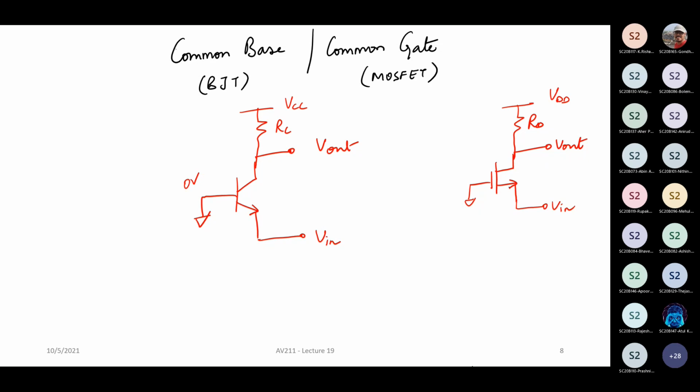As in all the other cases, you need a DC current to flow through your transistor, and you have to make sure that it is in the active region in the case of BJTs, and in the saturation region in the case of MOSFETs. Only then will you get the transconductance action, a good r naught, and your entire amplification process to happen properly, correct?